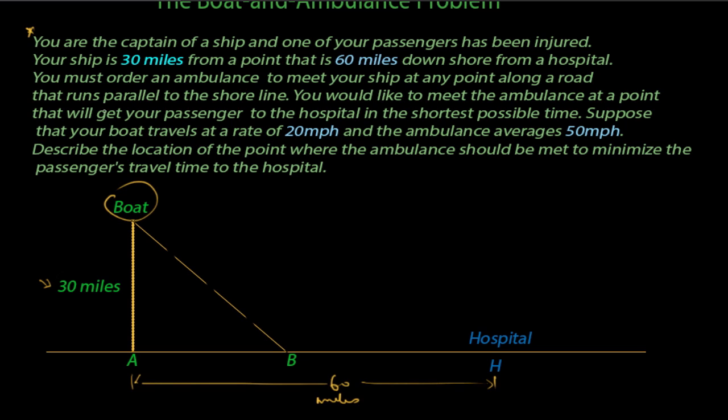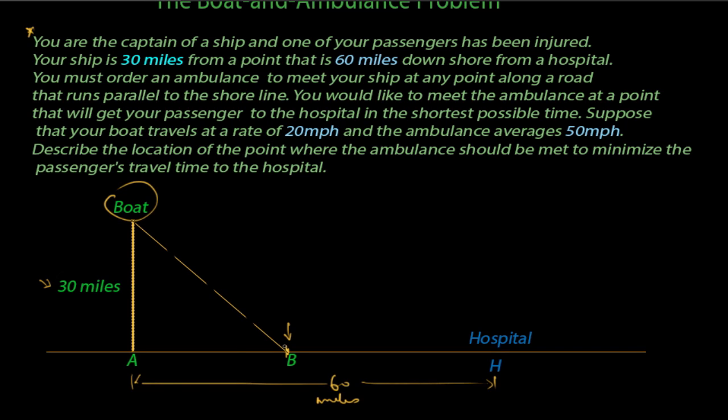downshore from the hospital, and then you must order an ambulance to meet your ship at any point along a road. Now this is the road here, and since we do not know the point, we just chose B arbitrarily. So this is the point where you want to meet. It says to meet your ship at any point along a road that runs parallel to the shoreline, you would like to meet the ambulance at a point that will get your passenger to the hospital in the shortest possible time.